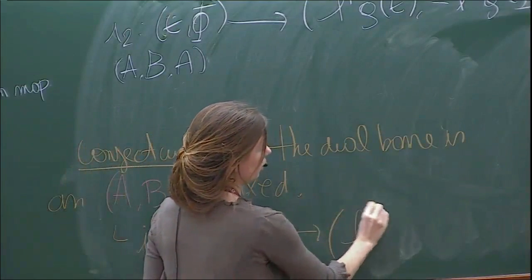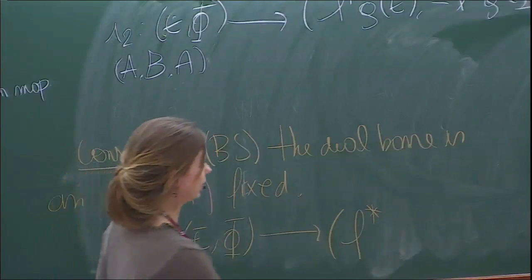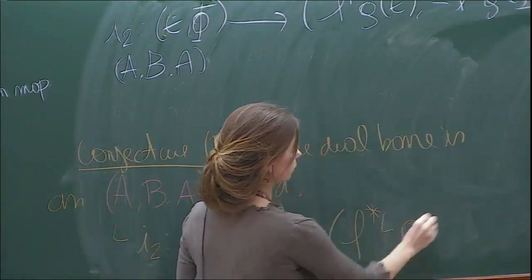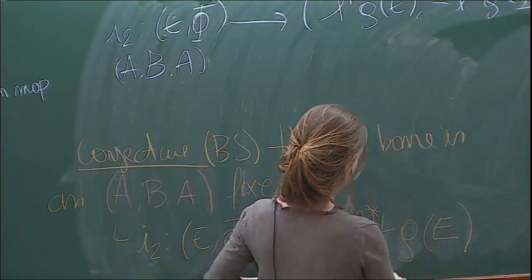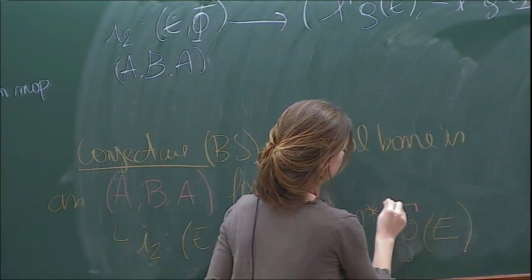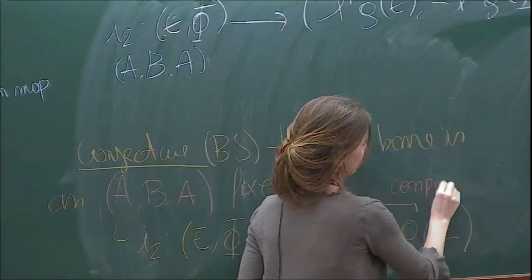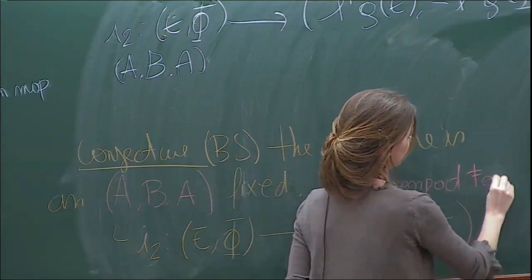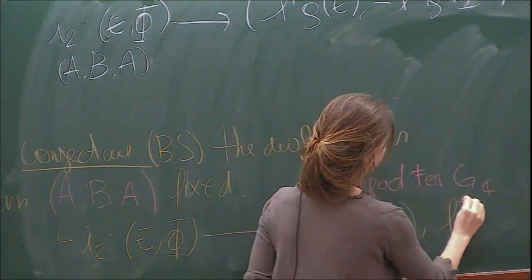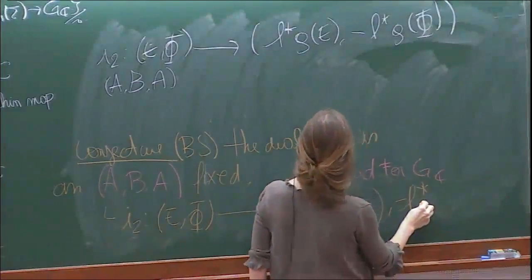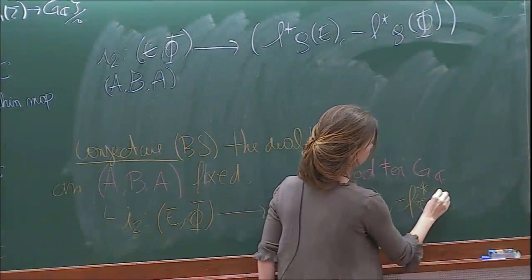We're still taking our real structure on the Riemann surface, which will remain the same, but we're taking the compact dual involution here. So this is the compact form, compact for G_C. F star minus f star rho L phi.